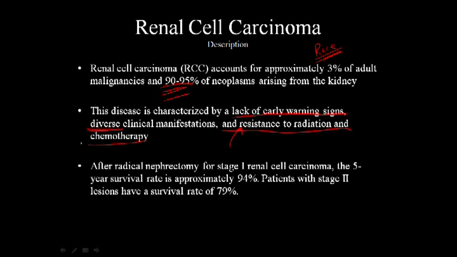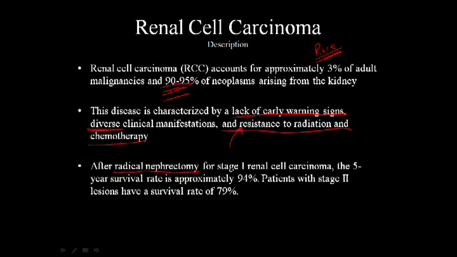Typically, treatment involves a radical nephrectomy for stage 1 renal cell carcinoma. So usually if you're in stage 1, you're going to have your kidney completely removed, and then you're going to have some degree of treatment from that.